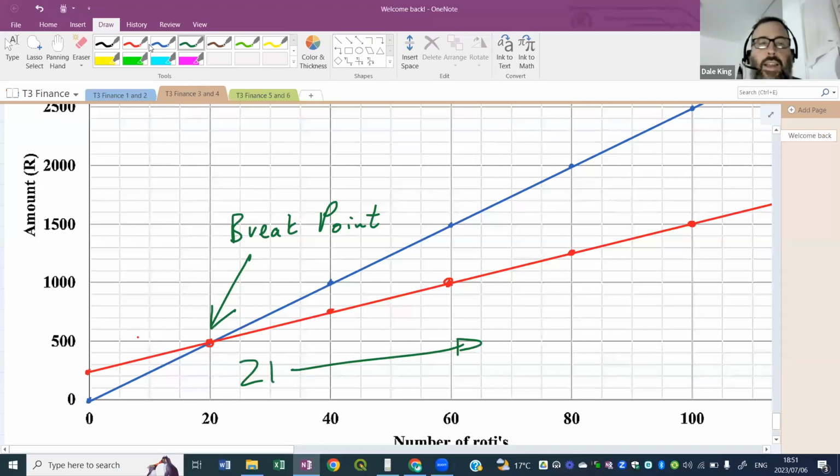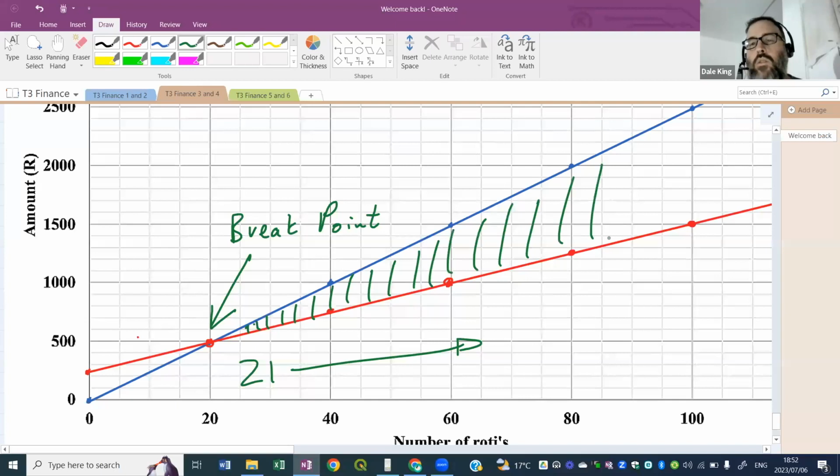21 rotis and onwards is profit. And if you want to look on your graph in terms of space, I'll do it in green. Anything where the income graph is higher than the expense graph, which is to the right here, is profit. And anything below the 20 where your expenses are higher is loss.